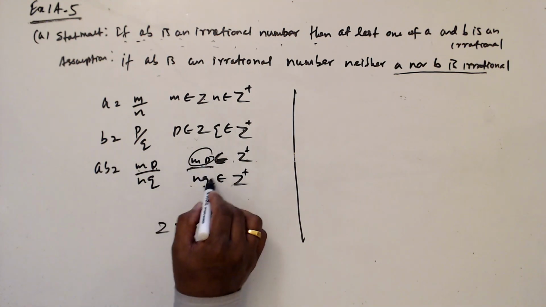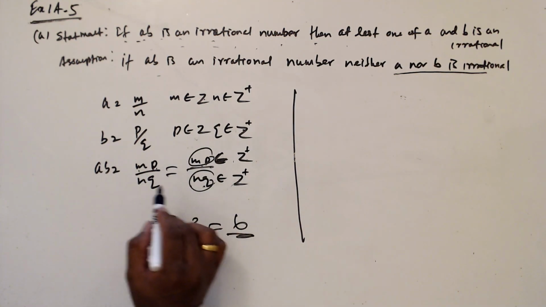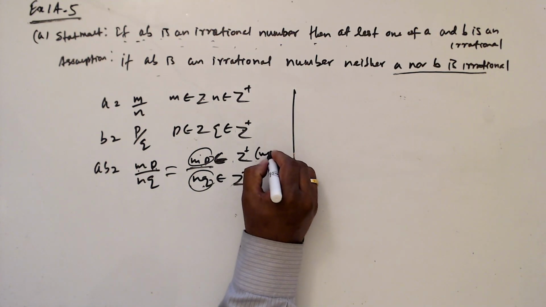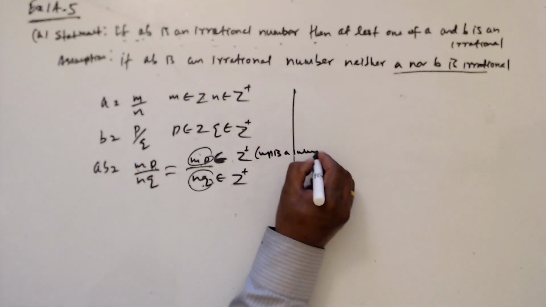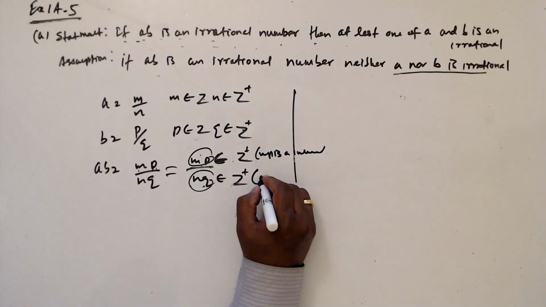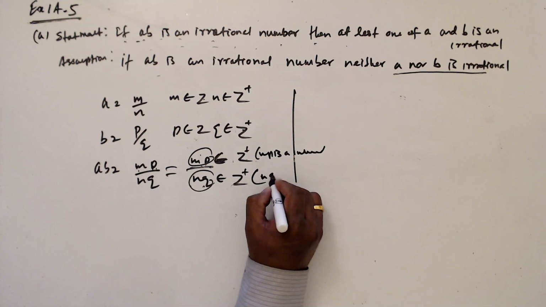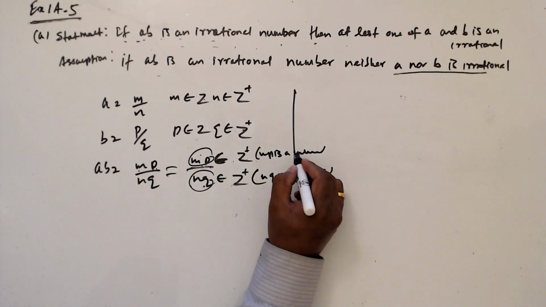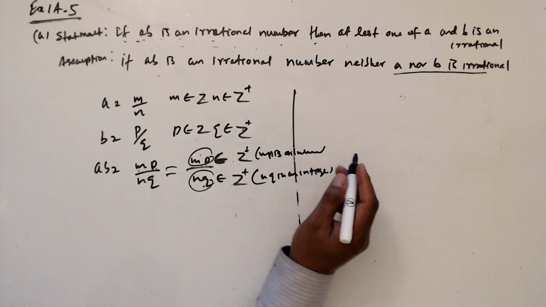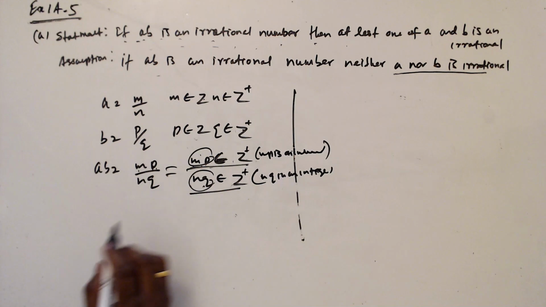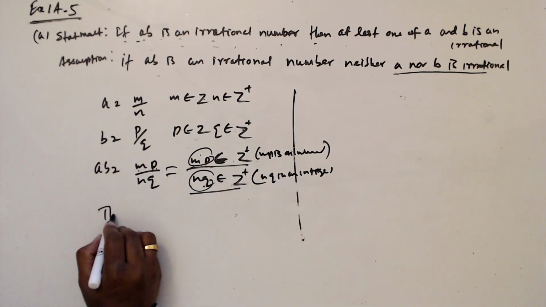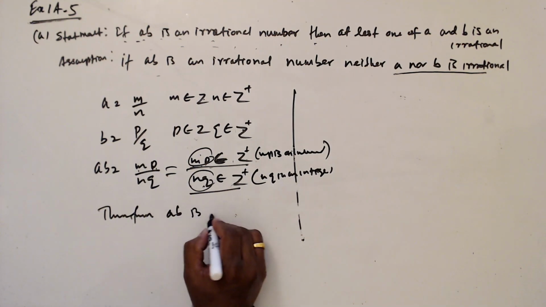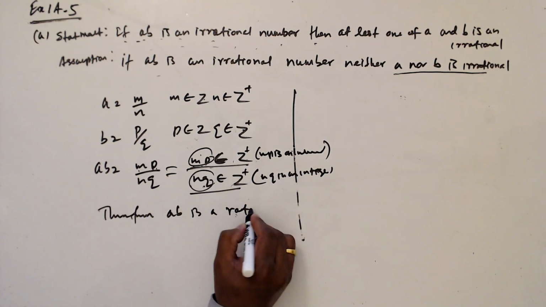The same goes for NQ. So they are two integers, which means AB is in the P divided by Q form, a fraction. Therefore, AB is a rational number.